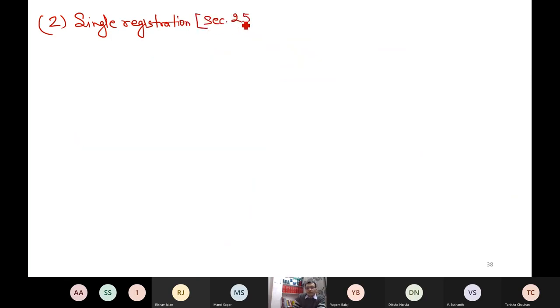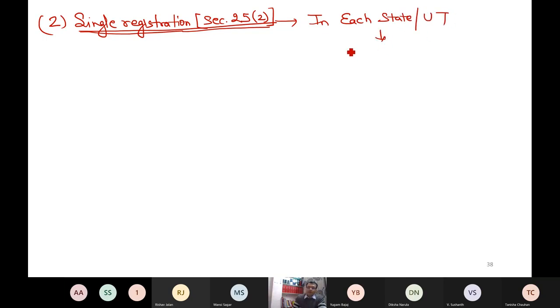Section 25(2) says that in each state or UT you can have only one registration.